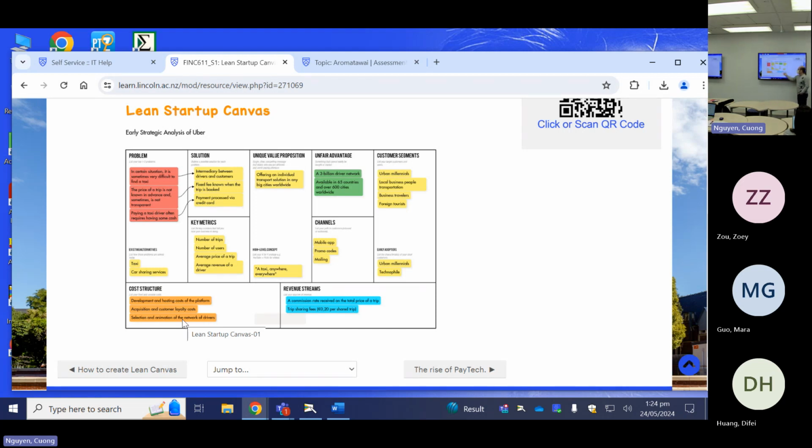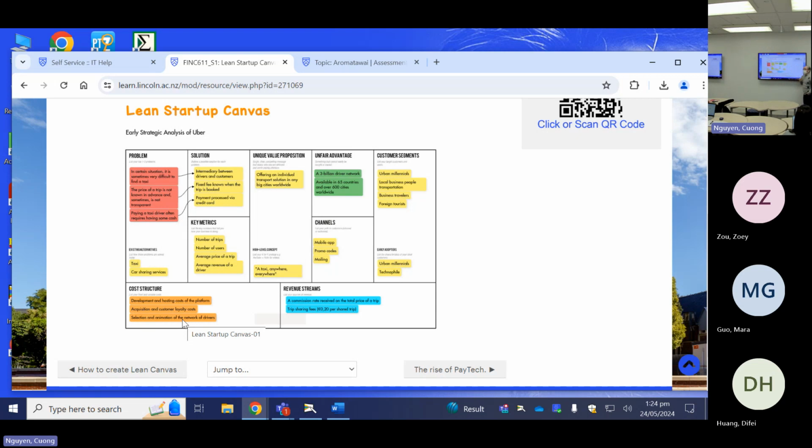Now, revenue stream here is really important. For the cost structure, sometimes you can make it up in your final project. That's going to be fine. But for revenue stream, you need to figure out how you get the money, how you get revenue from your product.